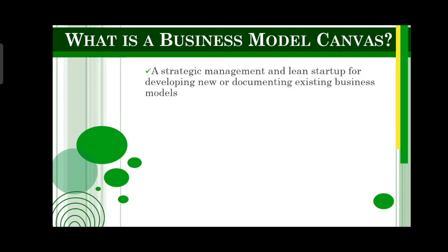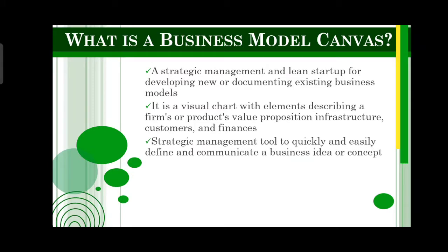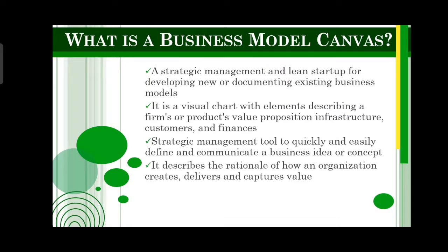It is a visual chart with elements describing a firm's products, value proposition, infrastructure, customers, and finances. Moreover, the BMC is a strategic management tool to quickly and easily define and communicate a business idea or concept. In short, it describes the rationale of how an organization creates, delivers, and captures value.